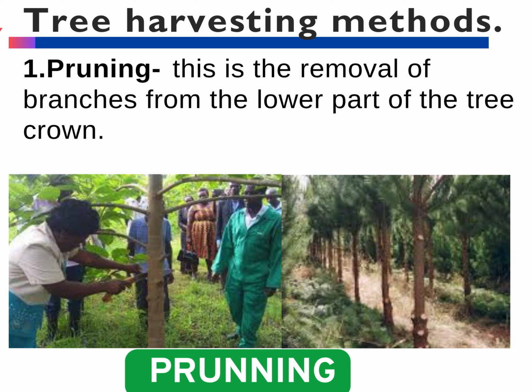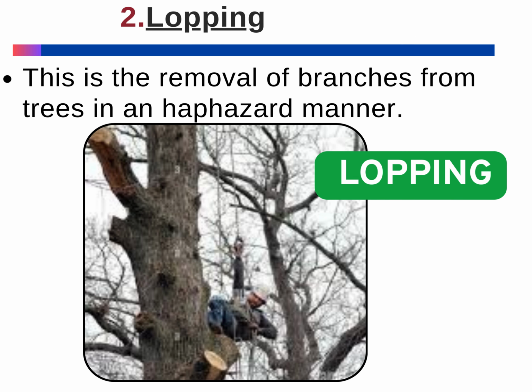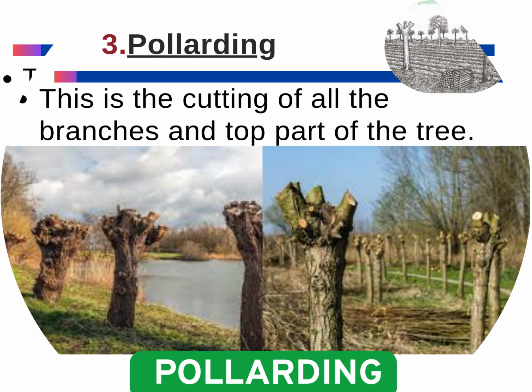Tree harvesting methods. 1. Pruning. This is the removal of branches from the lower part of the tree crown. 2. Lopping. This is the removal of branches from trees in a haphazard manner. 3. Pollarding.